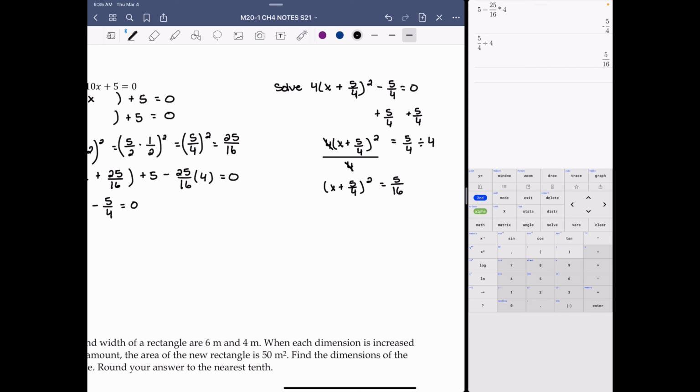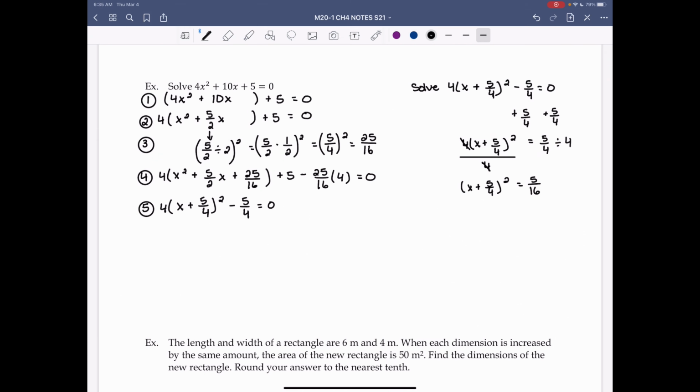Then we want to square root both sides. And again, we don't know if it started as a positive or negative, this binomial. So we do positive, negative, square root. x plus 5 over 4 squared equals positive, negative, square root 5 over 16.